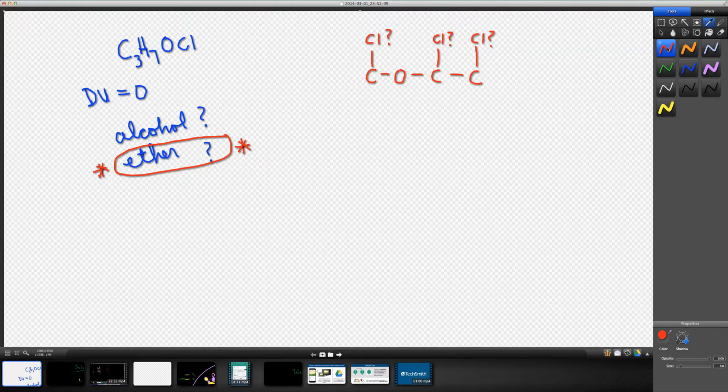And so we can begin to give a little detail to our structure. And we can now discount the chlorine being on this terminal methyl group. That eliminates one of my 3 possibilities.